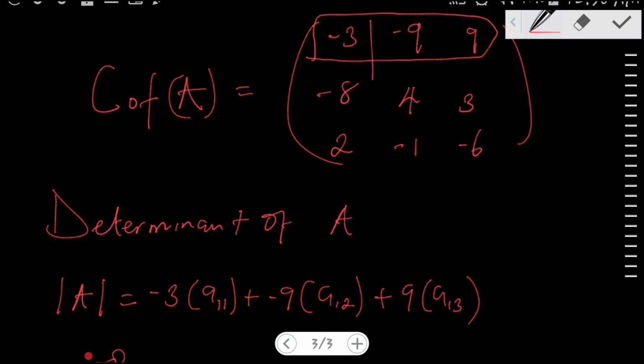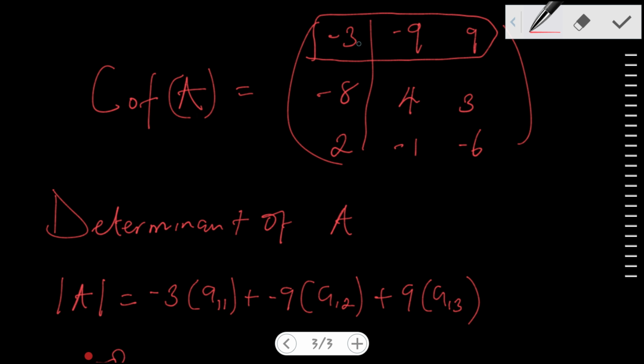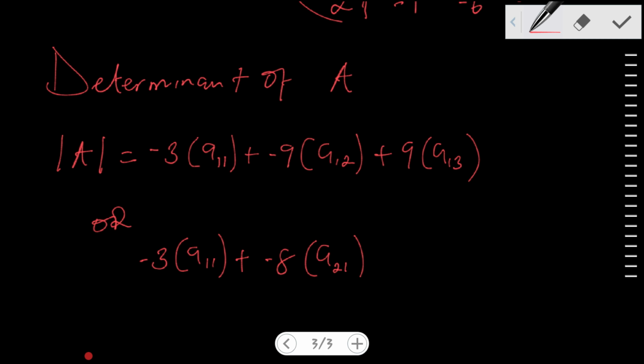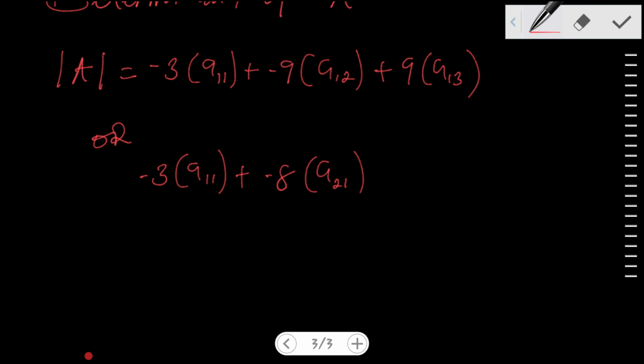Because I'm going downwards like this, from here up to here. So -8 into A21, then plus 2 into A31, right? So either way I get the same answer.